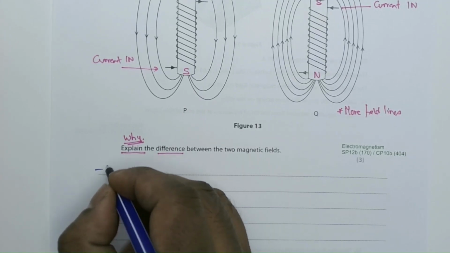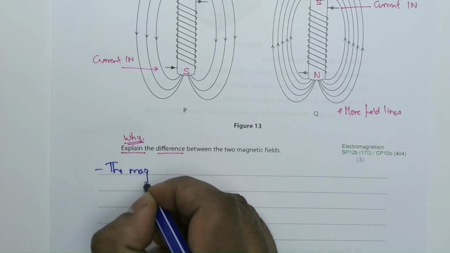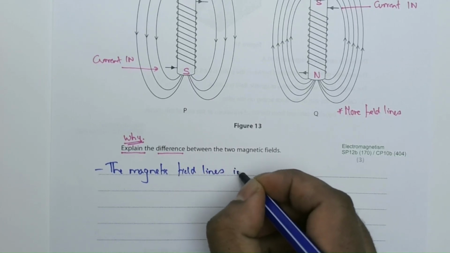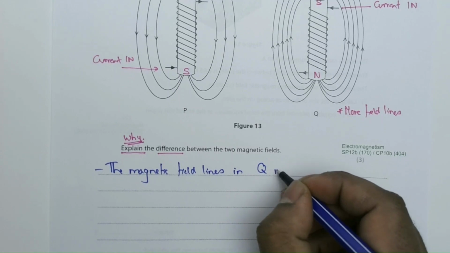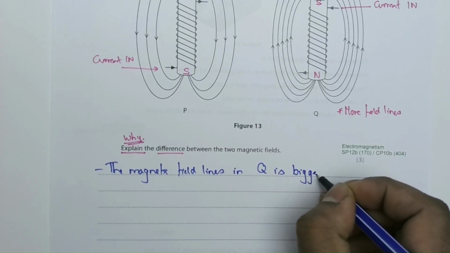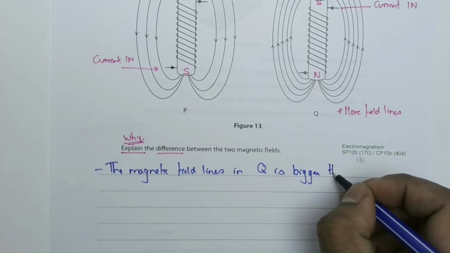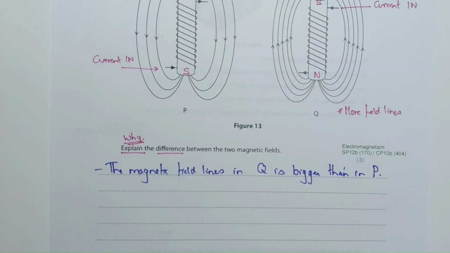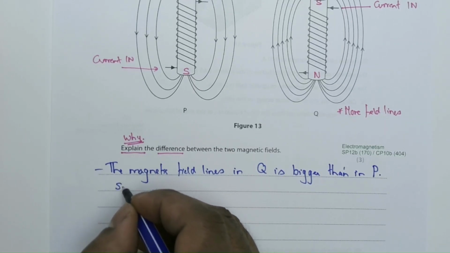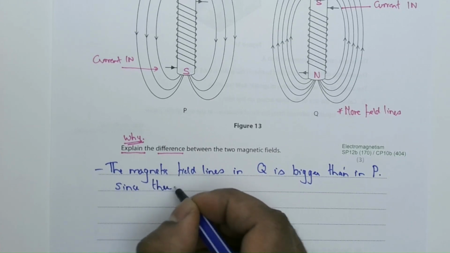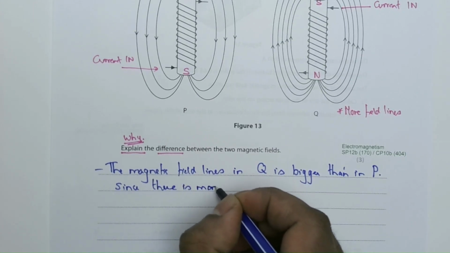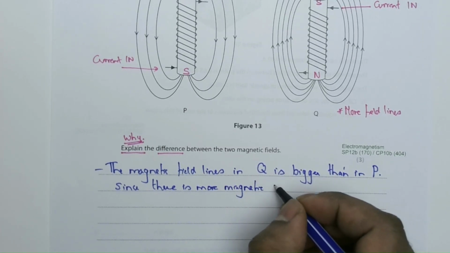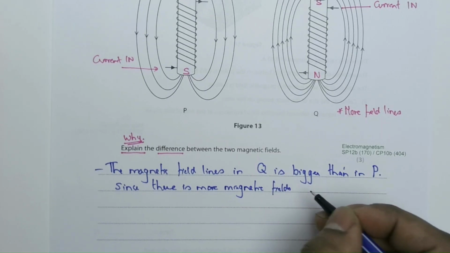The magnetic field lines in Q are bigger than in P, since there is more magnetic field, right?